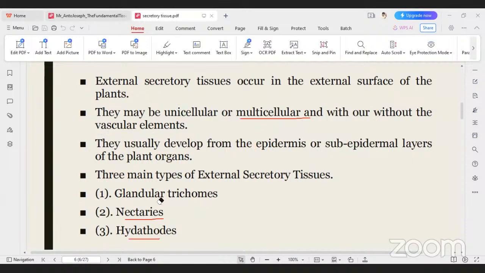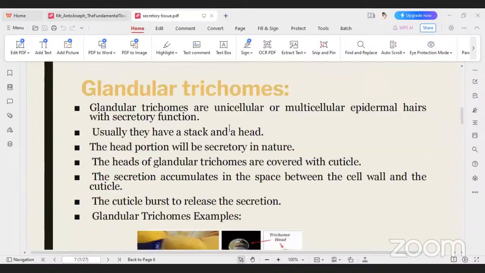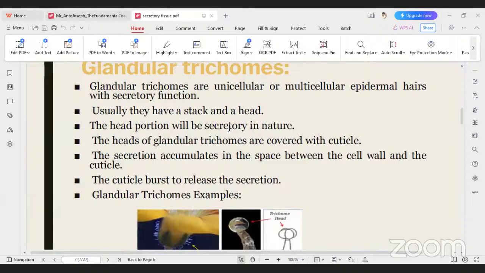Let's discuss one by one. Glandular trichomes. First of all, these glandular trichomes may develop from the epidermis or subepidermal region, mostly the epidermal region.